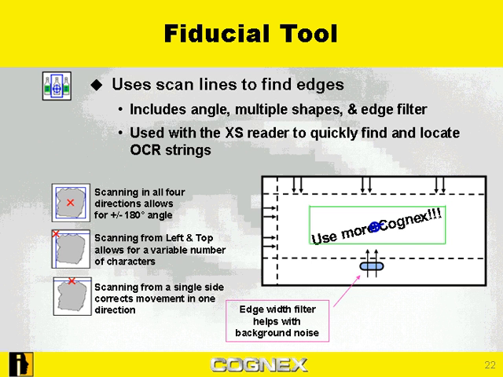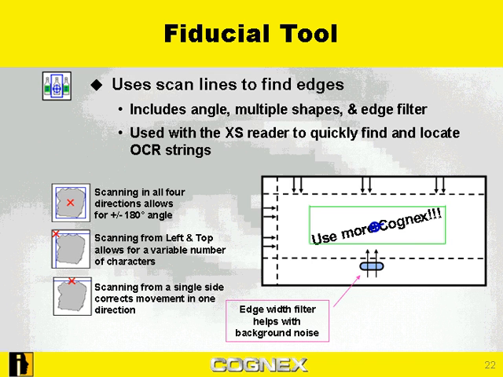It was just picking up noise. But now we can set essentially an edge width filter, tell it that an edge that we encounter must be X number of pixels before it's considered to be an edge. And that allows us to ignore noisy situations in the background.